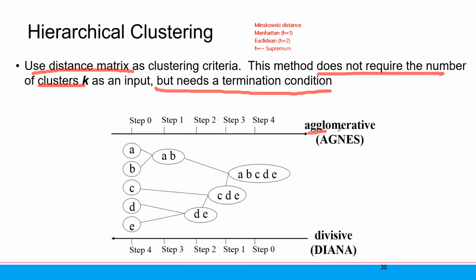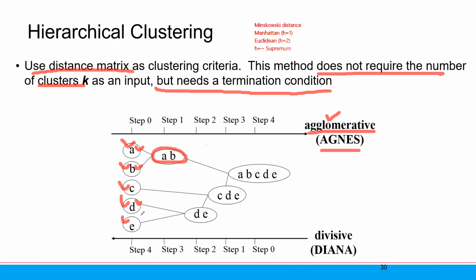The first is agglomerative. One algorithm is called Agnes. If we use the agglomerative, it means we start from the individual data, and then we check the distance. Okay, what about the distance of this and this? They are in the same group, or they are similar. Then okay, I will group them. And then after I group this one, check what is the next smallest distance.